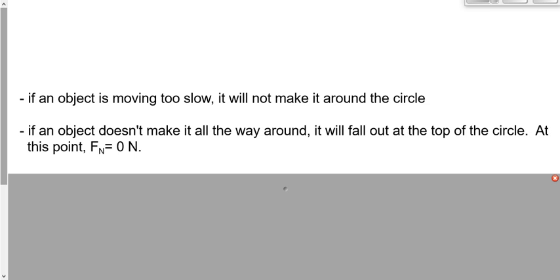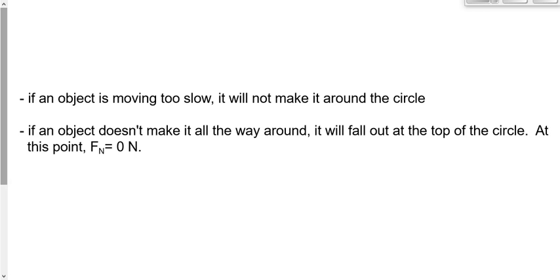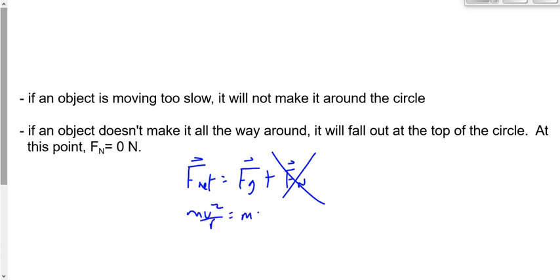So in other words, when solving for the minimum speed, the normal force, which in this case is provided by the lanyard, which in the case of a roller coaster would be provided by the track, the normal force is 0. So what you're going to do is say F net is equal to the sum of the forces, cross off Fn, because at minimum speed it's 0, and then sub in mv squared over r equals m times g.